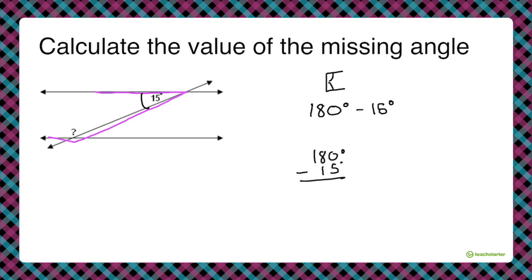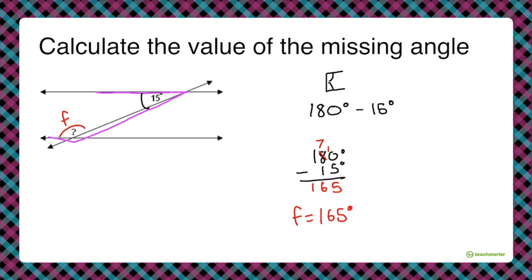You can do it that way as well. I'm going to do it that way for this question. 10 take 5 is 5, 7 take 1 is 6, 1. So I'm going to call this F, and F equals 165 degrees. So that is how we do our co-interior angles.